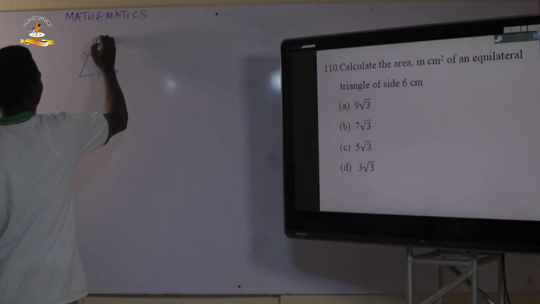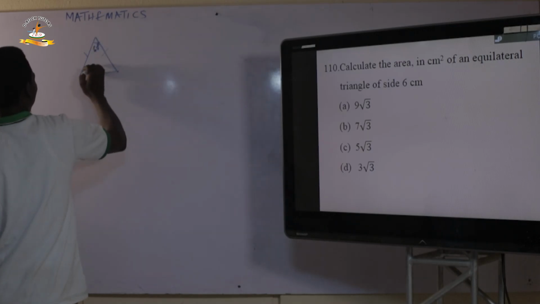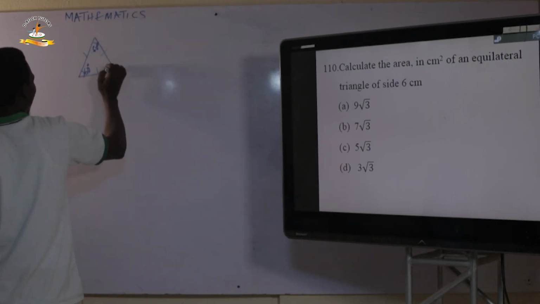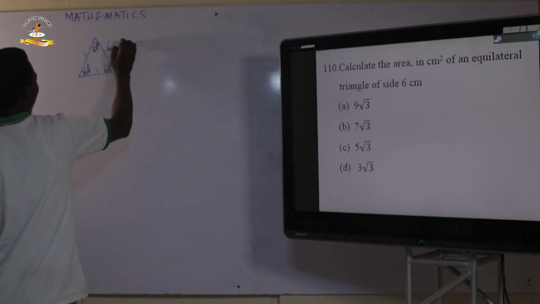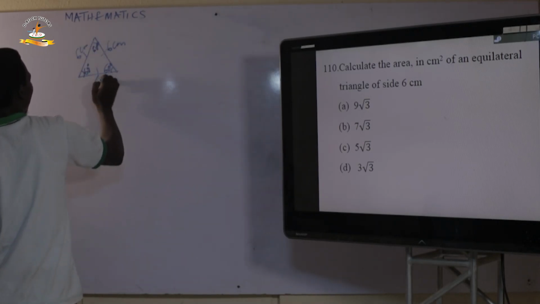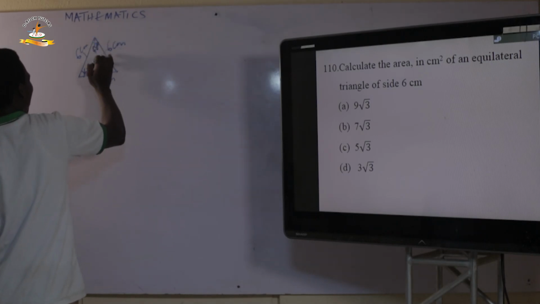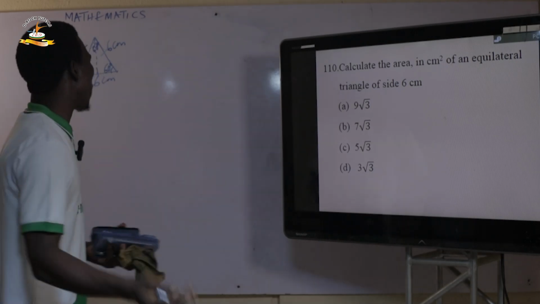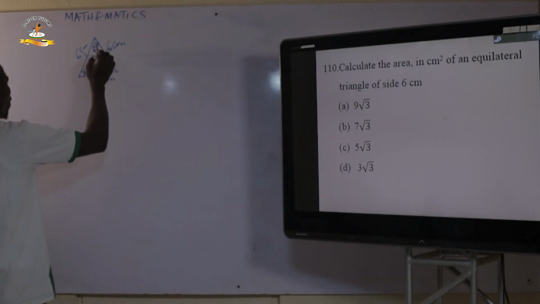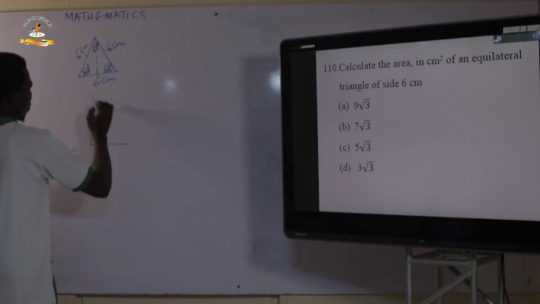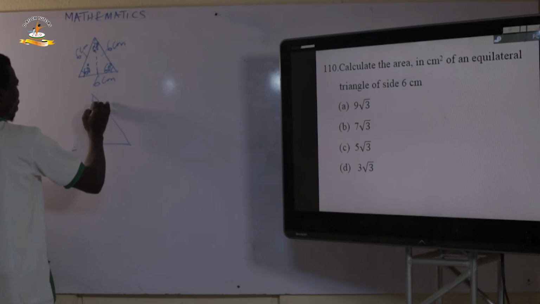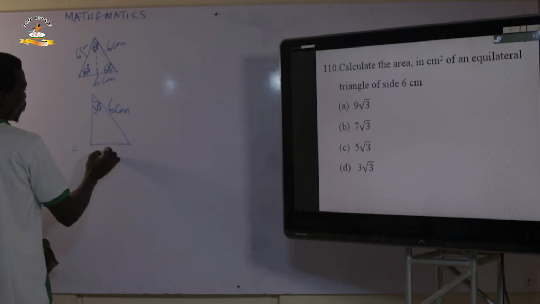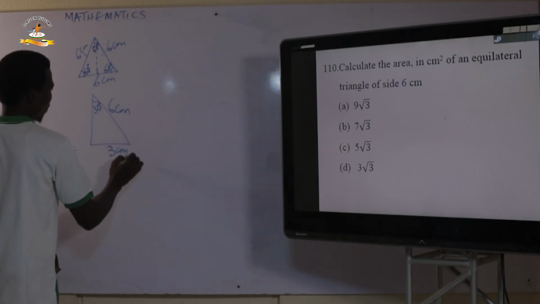Don't forget, this is 60, 60 and 60 degrees, and it is 6 centimeter, 6 centimeter, 6 centimeter. We try to get the height. And don't forget one property of an equilateral triangle: a bisector of the angle is a bisector of the line. So if the bisector has bisected this angle into 30 degrees, I bring half of it out. So this angle is 30 degrees, this side is 6 centimeter, and it will bisect this side up to 3 centimeter.